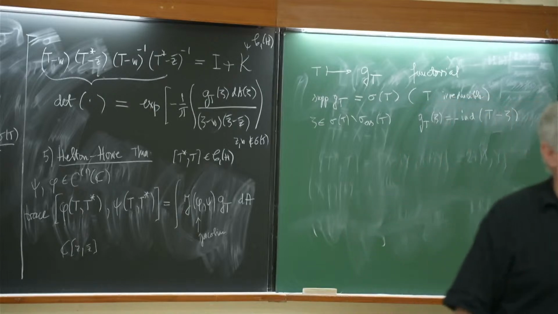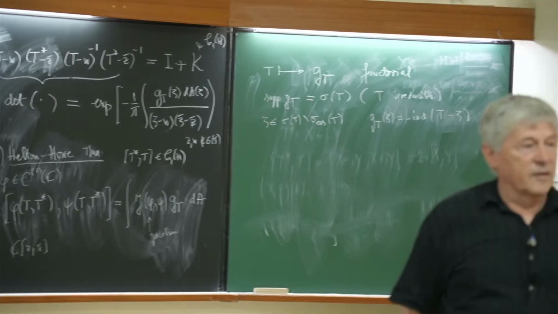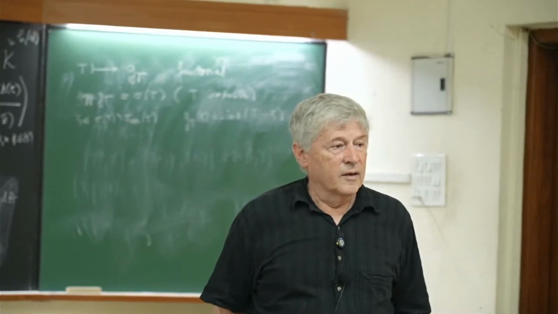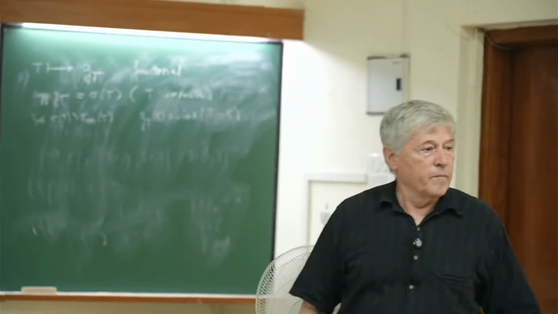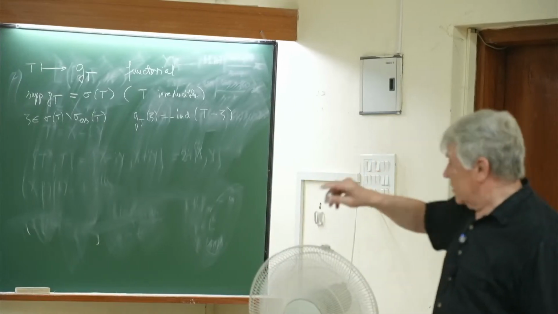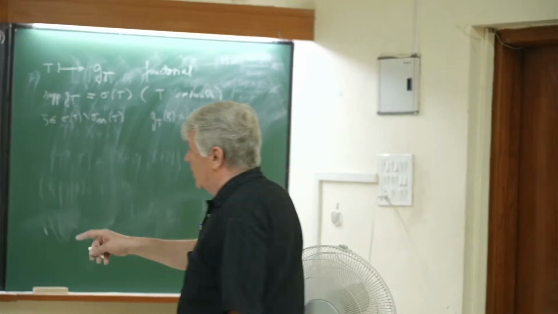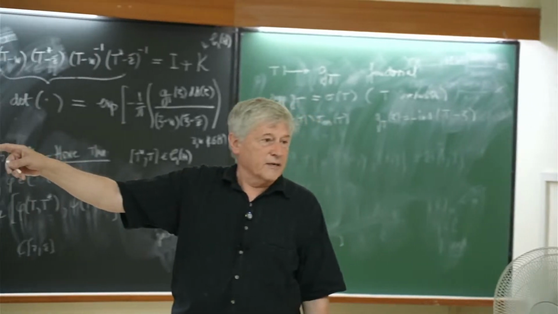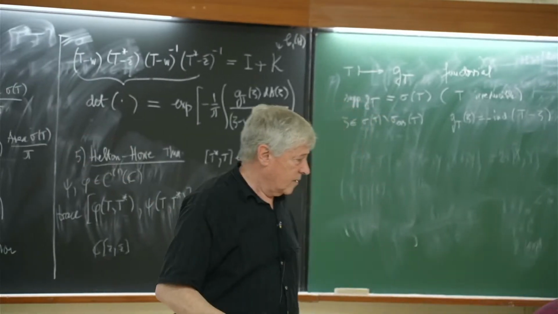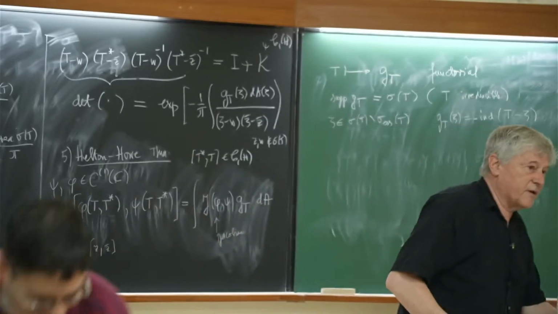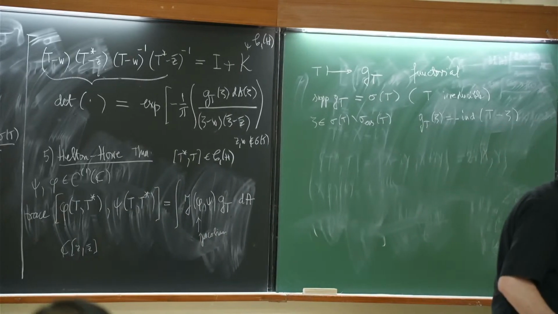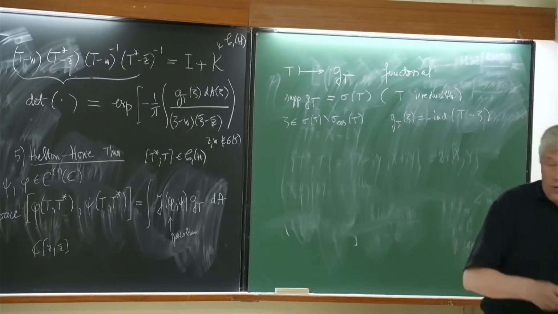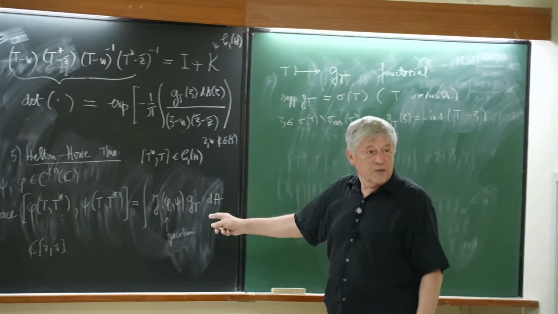A relation between the Krein function and the index formula? Yes. So the index formula, here we don't have an index there. I think that's very welcome. So what is your question? Can you repeat, please?